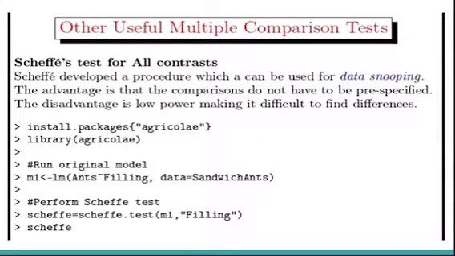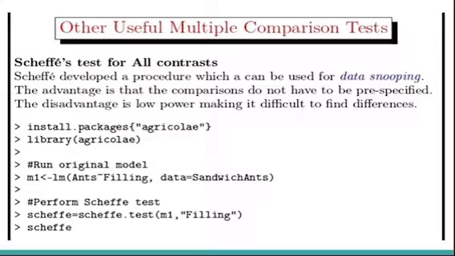Now, I want to go to Scheffé. When do we use Scheffé? For data snooping. I told you data snooping is when there is a high tendency for you to fabricate false discovery, false positive. Therefore, Scheffé has been developed to handle that.